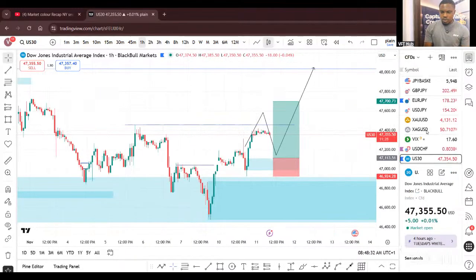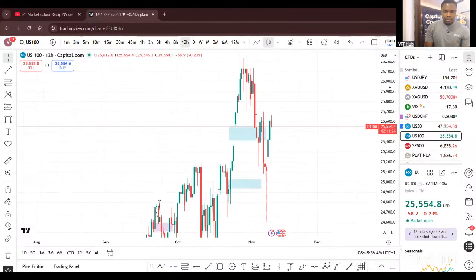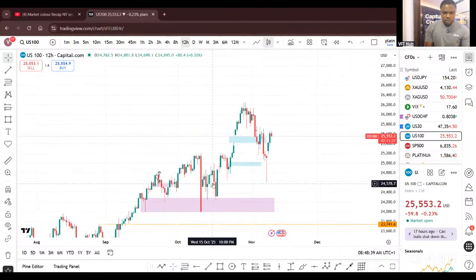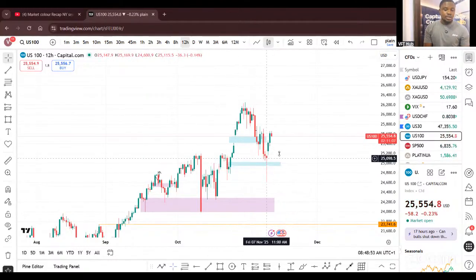And on US 100, also on the daily time frame, price dug deep into all of this level, into the order block. I was thinking price is going to react some here, but no, we didn't get that, right? Although it rejected into that zone, making it that we are still bullish, right? Still bullish to the upside because of the rejection.